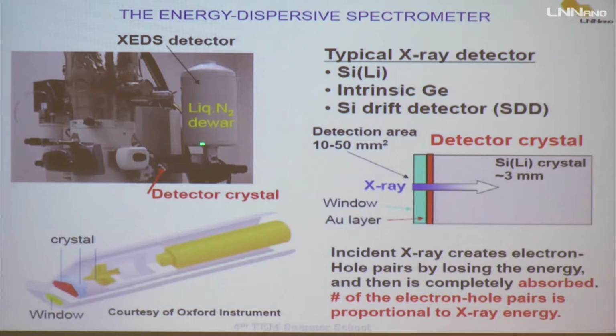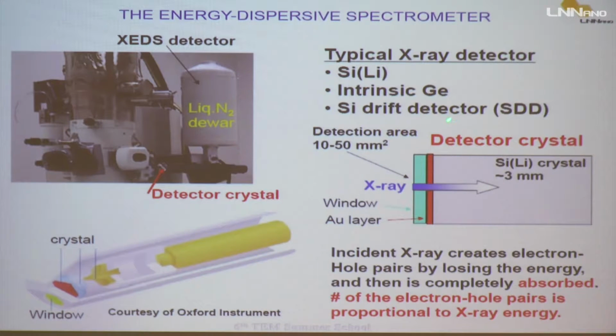These are the old detectors. We have a very big dewar for liquid nitrogen, and here is the cold finger that comes to the crystal that is the actual detector of this EDS. For this detector to operate, it needs to be at liquid nitrogen temperatures. The present detectors do not need that.